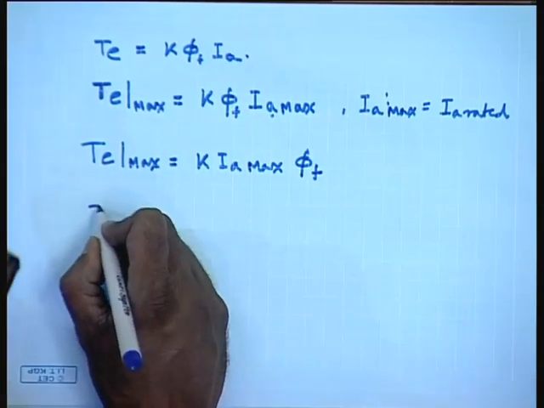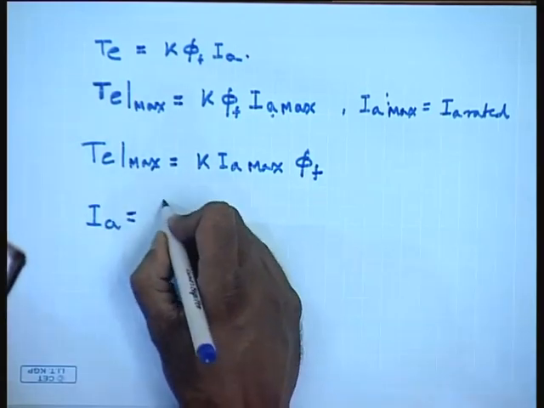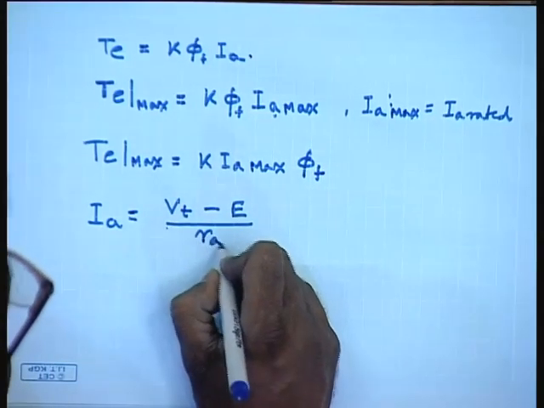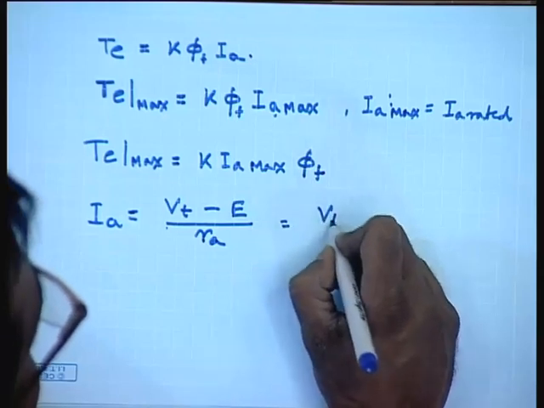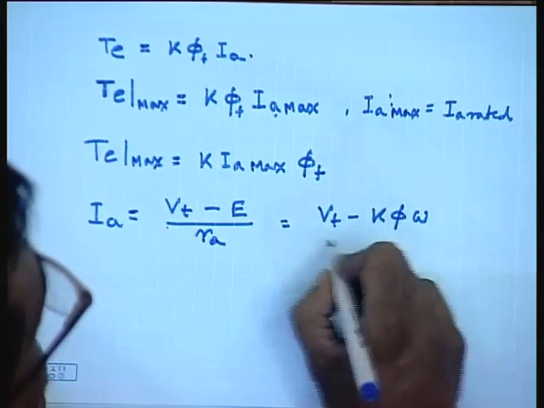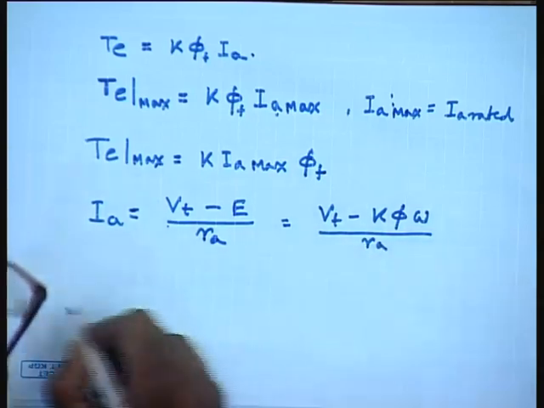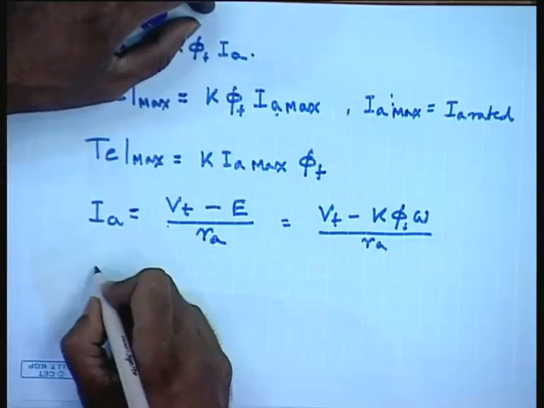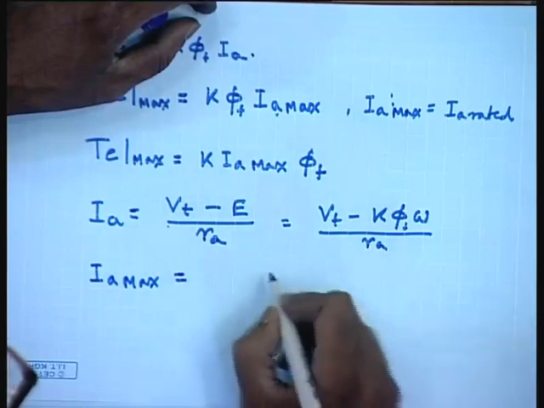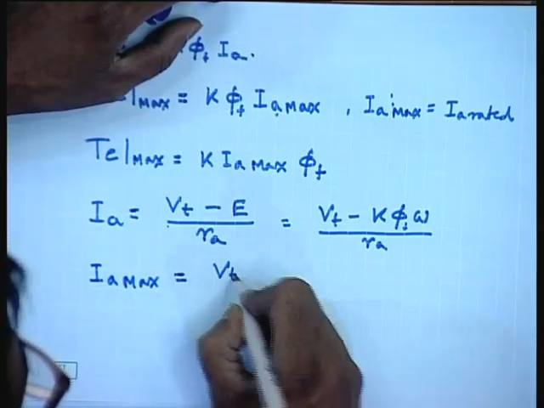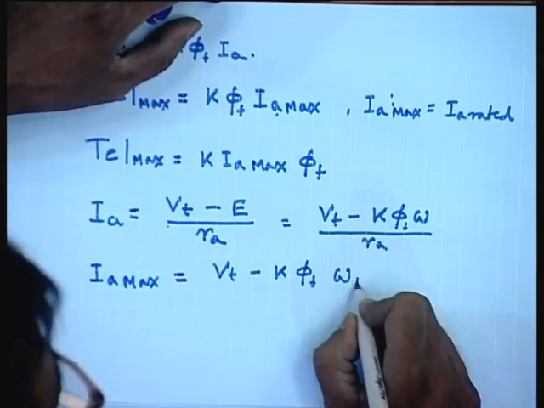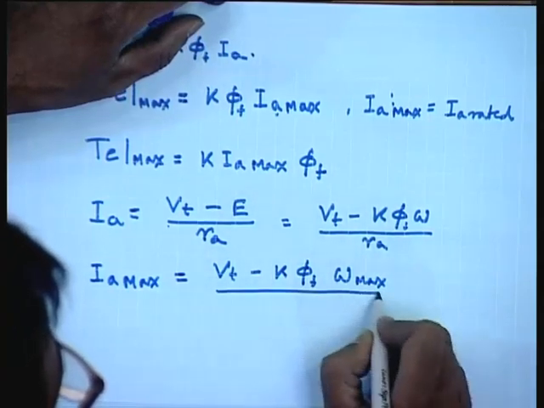We know IA equal to VT minus E by RA equal to VT minus K phi omega by RA. So, IA max equal to VT, which is constant, minus K phi f corresponding omega max by RA.